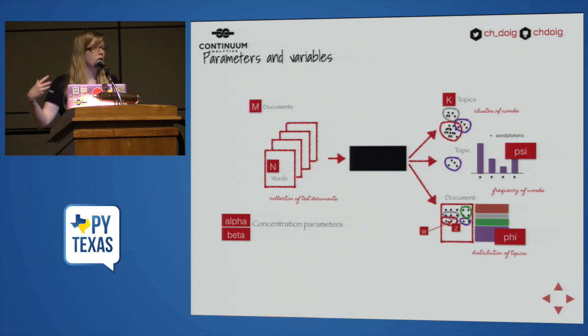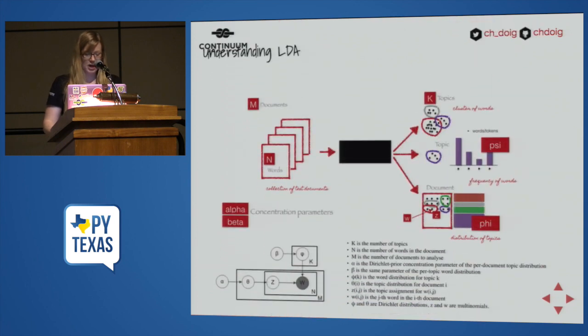If you have some pre-knowledge, there are these two parameters that you can tweak to give some domain knowledge to your algorithm, and you give that through these two concentration parameters. So now if we go back to that diagram, we can hopefully understand it better and see where all those letters come from and where they fit in this diagram model.